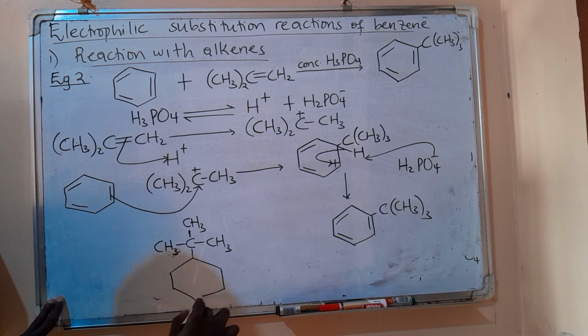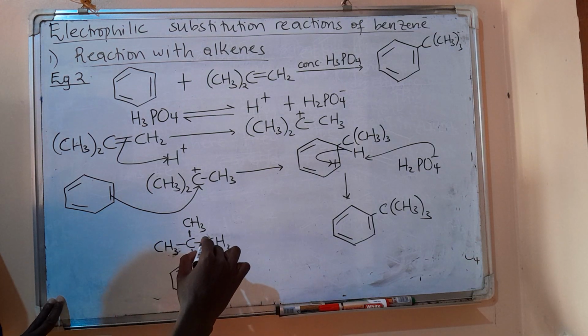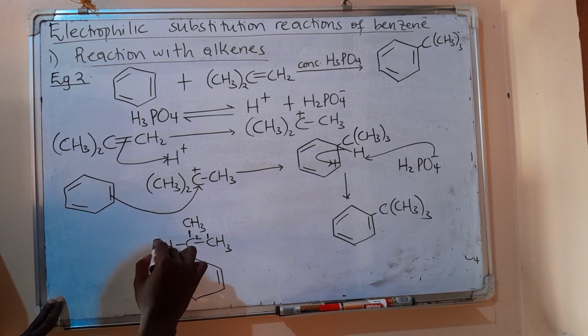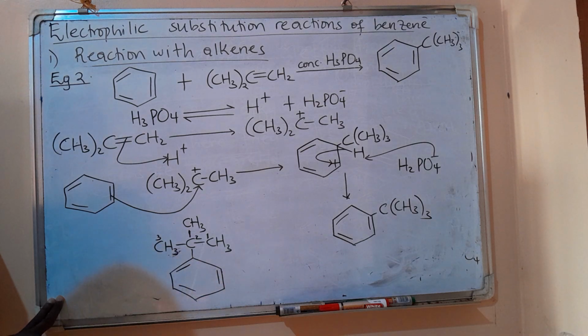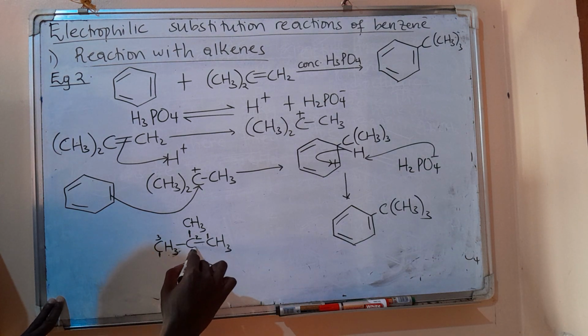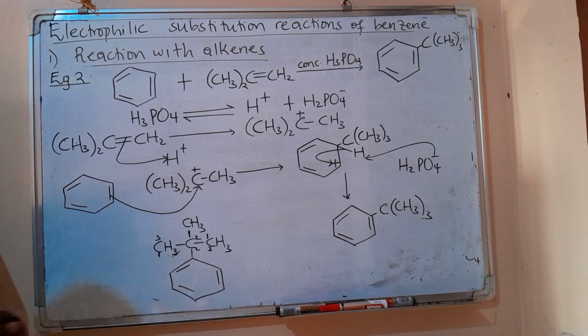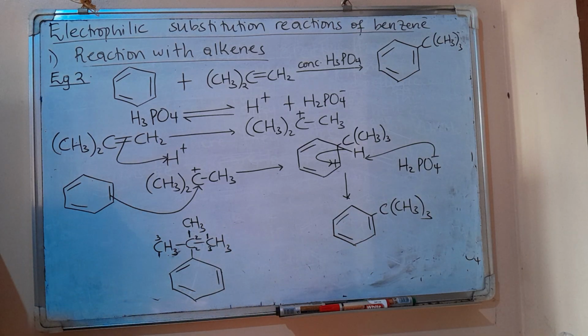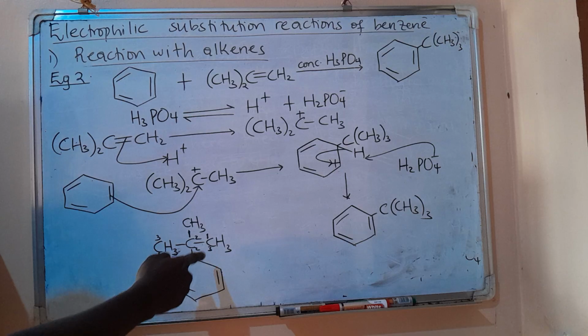Now the question is, what is its name? This is 1, 2, 3. 1, 2, 3. If you still remember the nomenclature rules, I assign positions to the carbon atoms in the parent chain. 1, 2, 3.